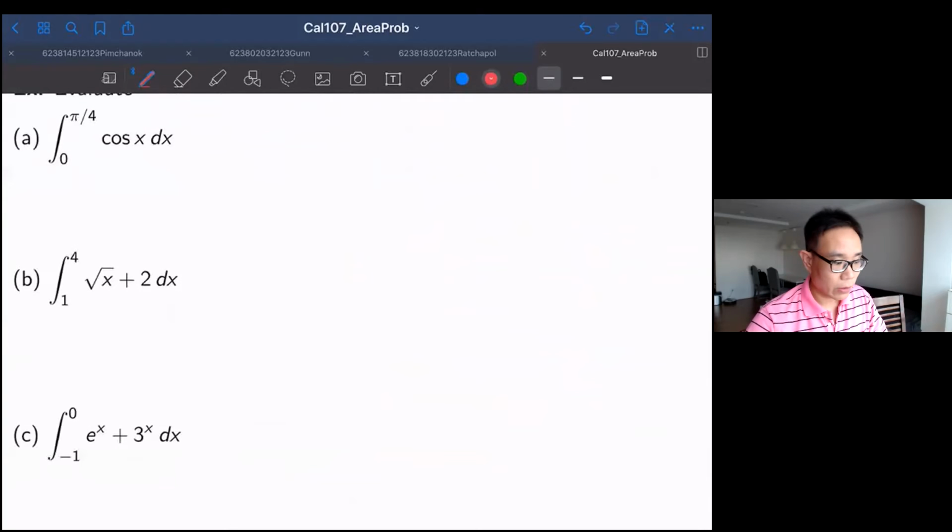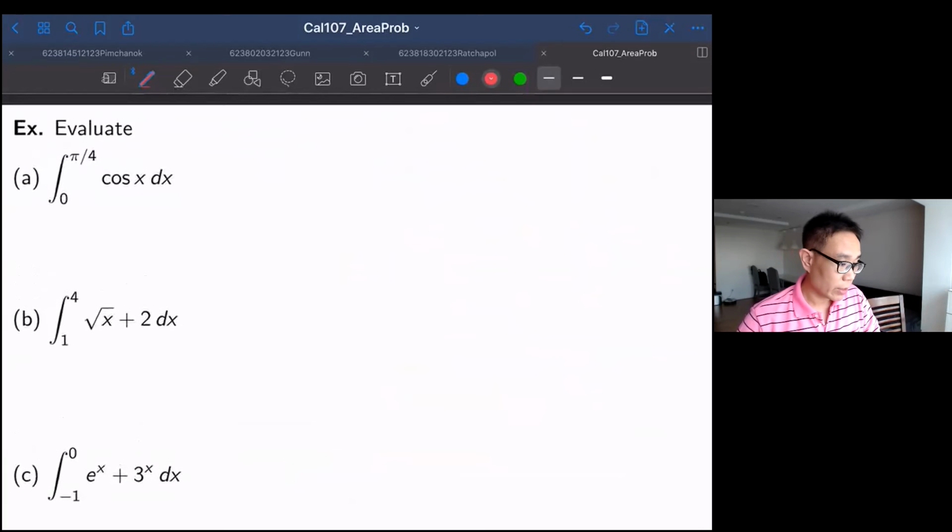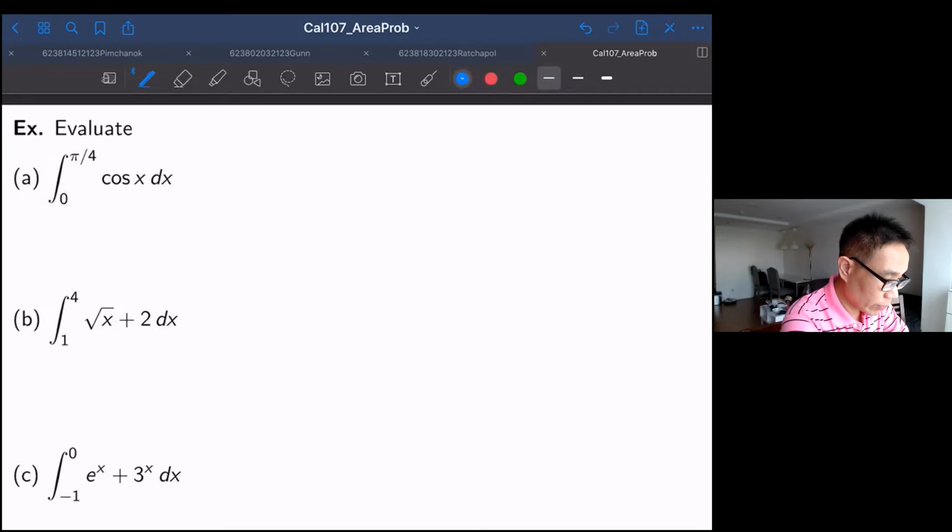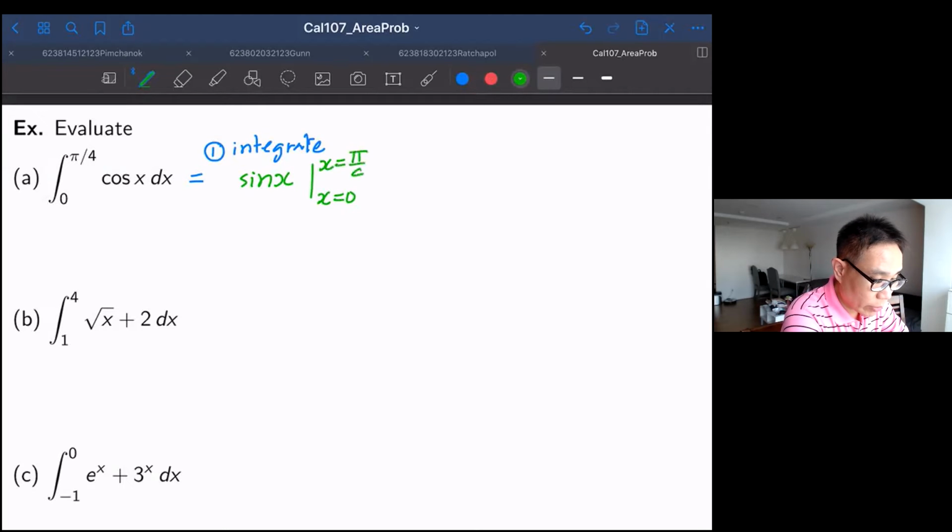For this one, you'd like to compute the integral from 0 to pi over 4 of cos x dx. The first step is to integrate. You integrate cos and get sine x, and you draw a bar with x equal to 0 and x equal to pi over 4.